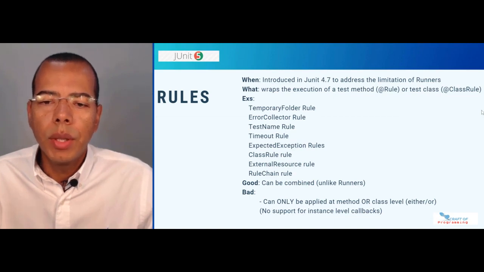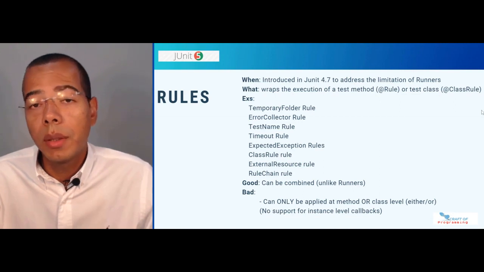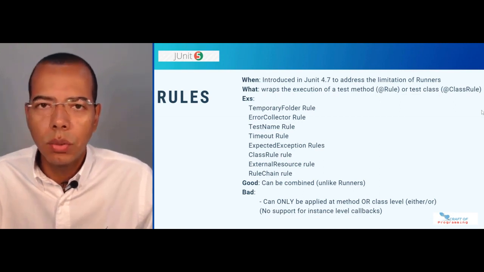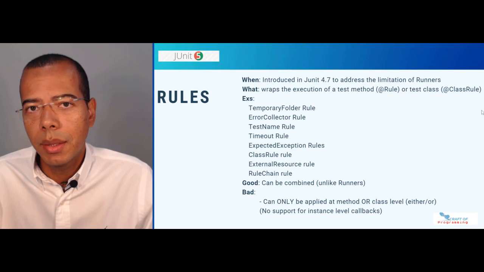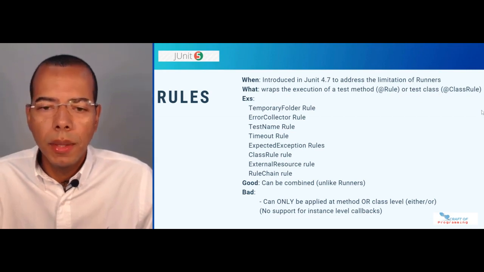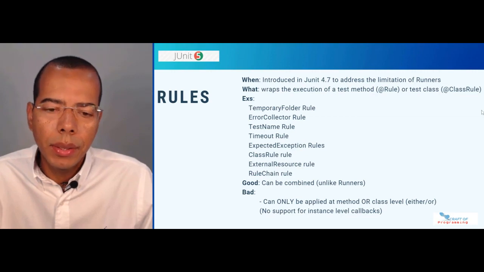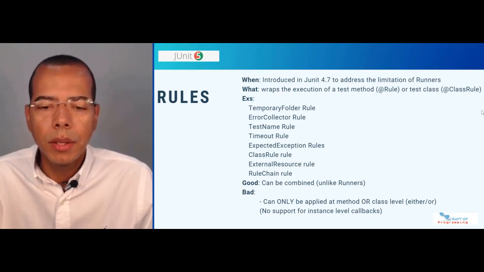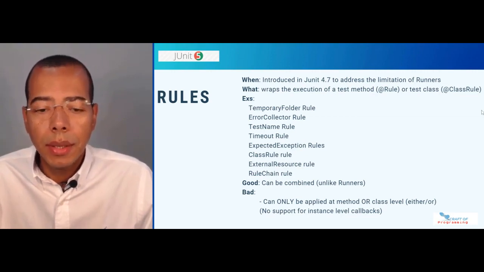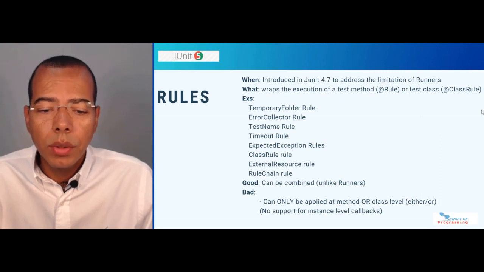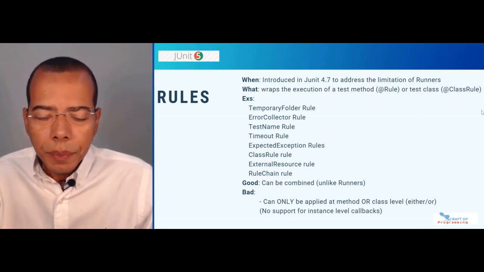And you could do that at the test method level or at the test class level using the @Rule annotation or the @ClassRule annotation. And JUnit 4.7 introduced the TemporaryFolder rule, ErrorCollector rule, TestName, Timeout, ExpectedException, ClassRule, ExternalResource rule, and RuleChain.